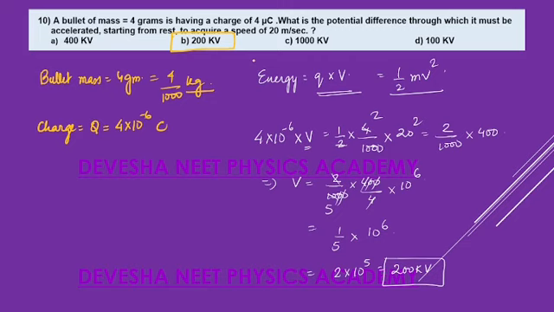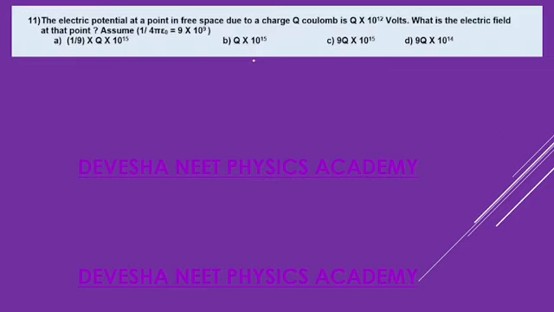Now let's move to the next problem. The electric potential at a point in free space due to a charge q is given to me as v is equal to q into 10 to the power 12 volt.